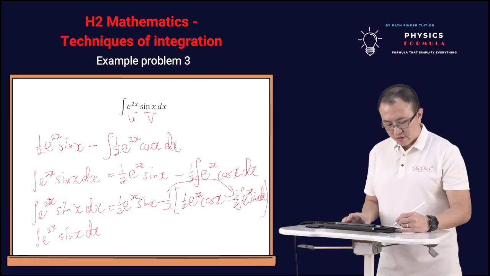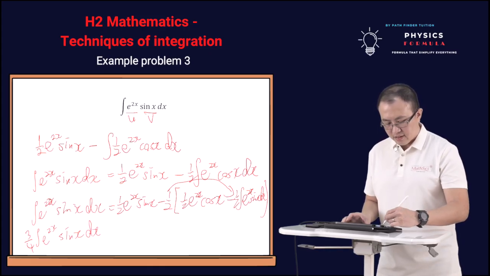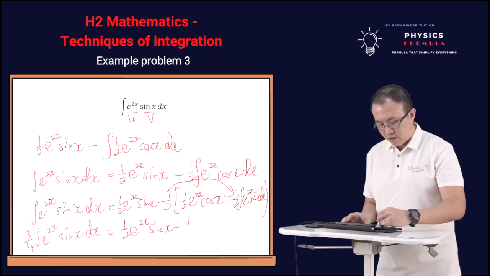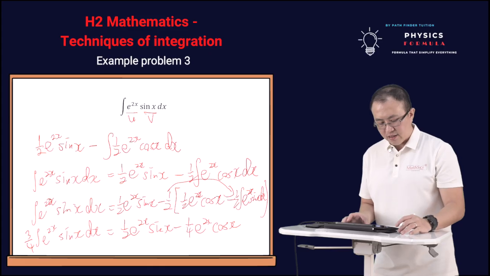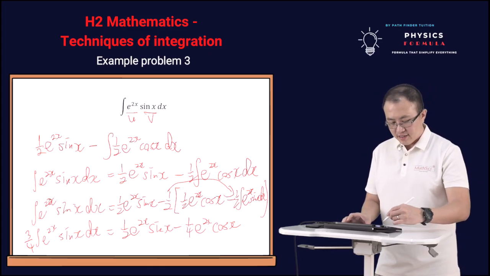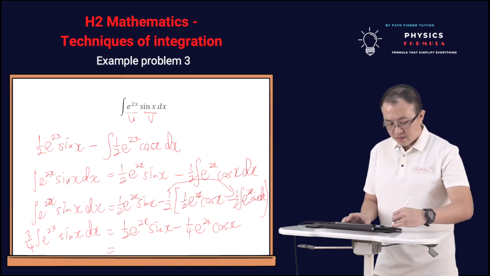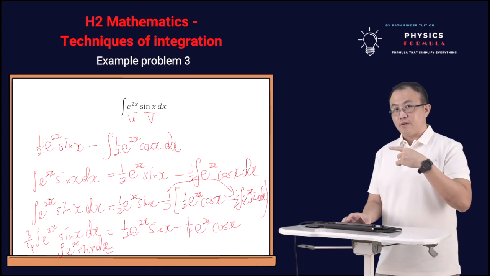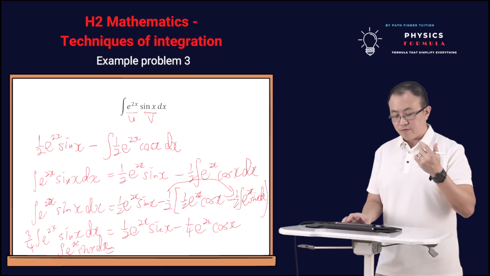Okay, 1 minus 1/4 will become 3/4. I skip some steps. Then this will be equal to half e to x sine x minus 1/4 e to x cosine x. Last but not least, divide by 3/4 on both sides, and the final answer will be the integration of e to x sine x dx is, okay, 3/4 you divide by 3/4 will become flip over, times 4/3.